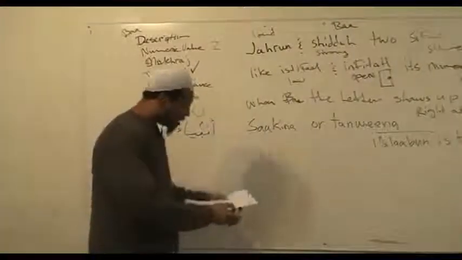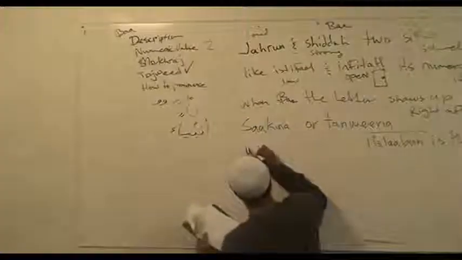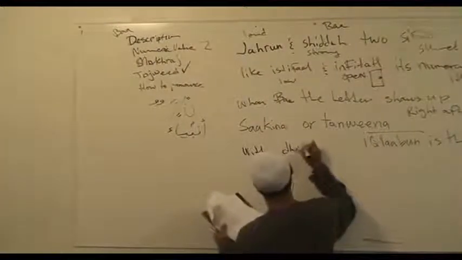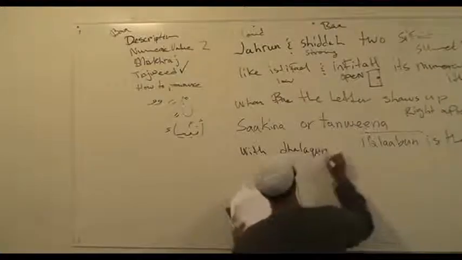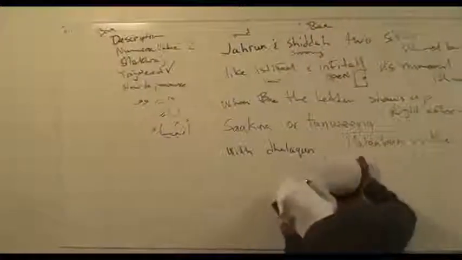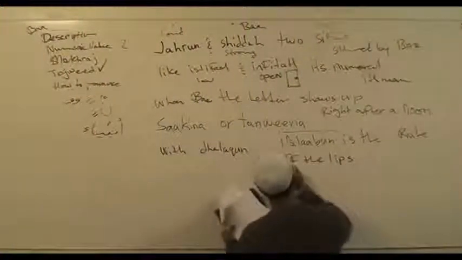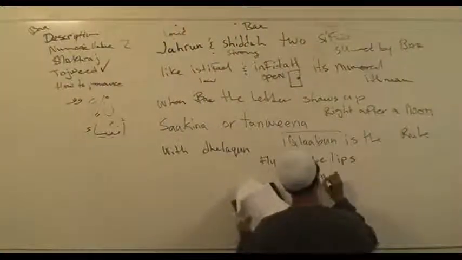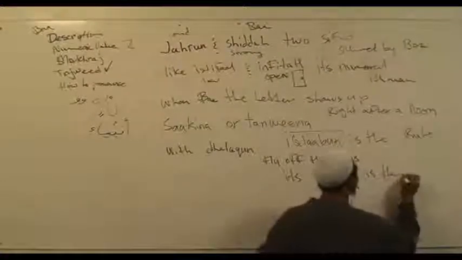Then it goes to the last line, and then we're going to call the adhan for the salah. It says, with dhalakun, fly off the lips. Its makhraj is the same.